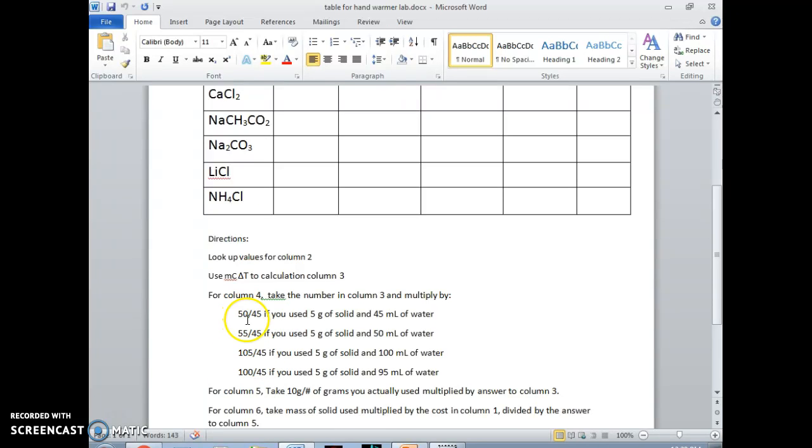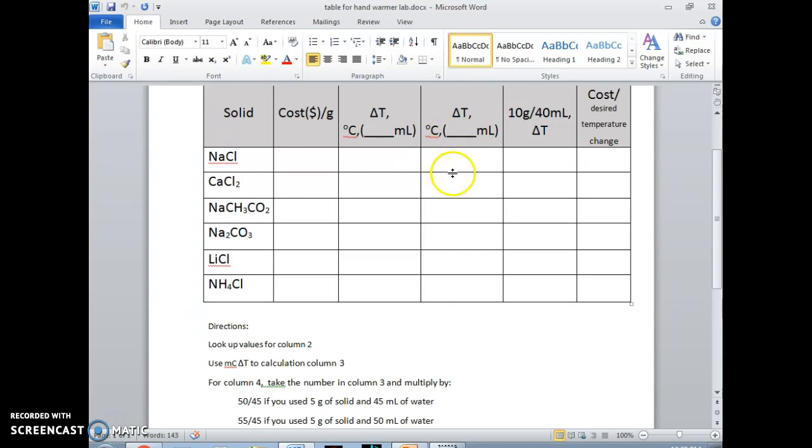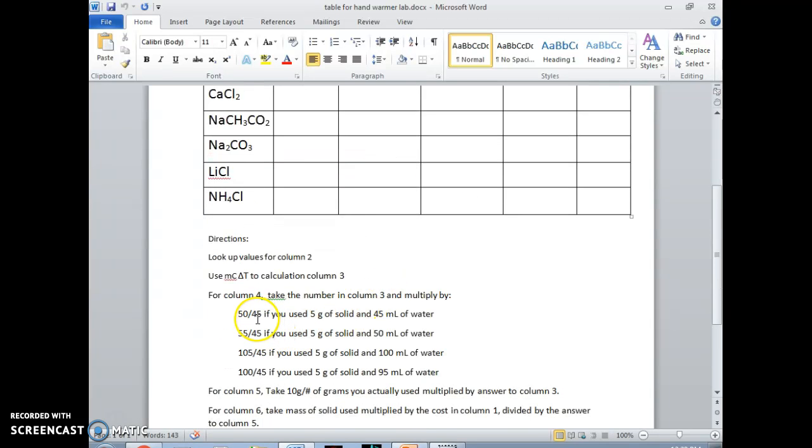So you will notice in all cases, ΔT will change. It will be bigger than this column. This answer should always be bigger than this answer. Yes? Because all those fractions are bigger than 1, are they not? Okay, good, good.